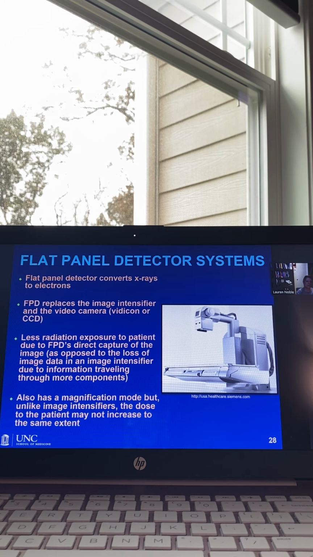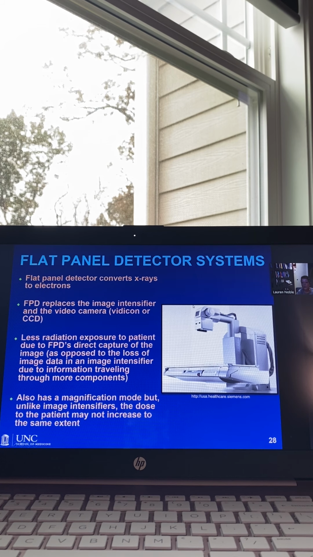Then if I want to convert to fluoro, I need to move my X-ray tube out of the way and bring that big heavy fluoro tower over the table. With this, the X-ray tube is already in place here. So at the push of a button, it just converts from radiography to fluoro. You don't have to move anything out of the way. So it just makes it a little nicer.